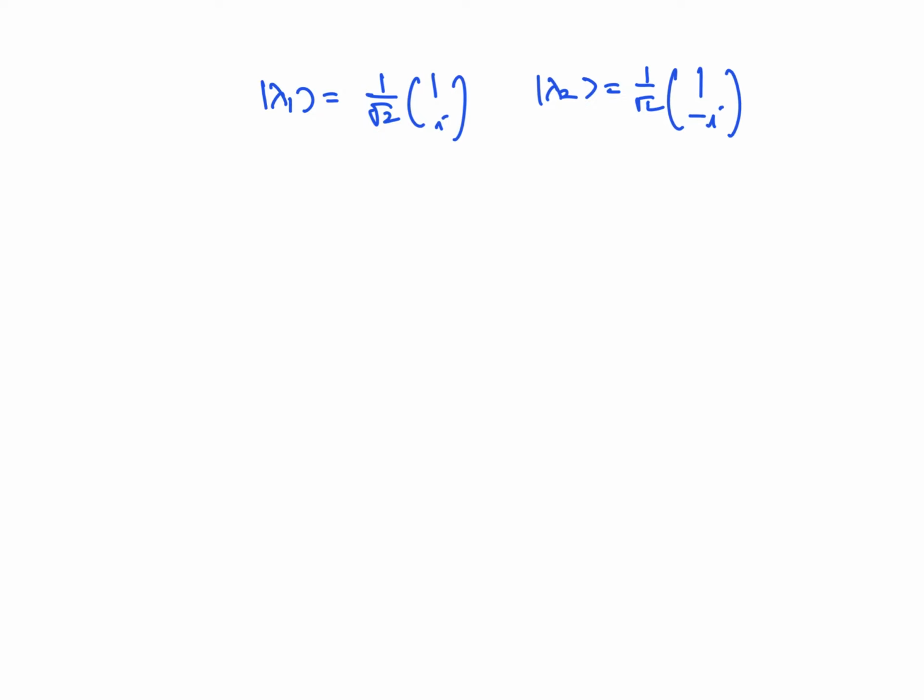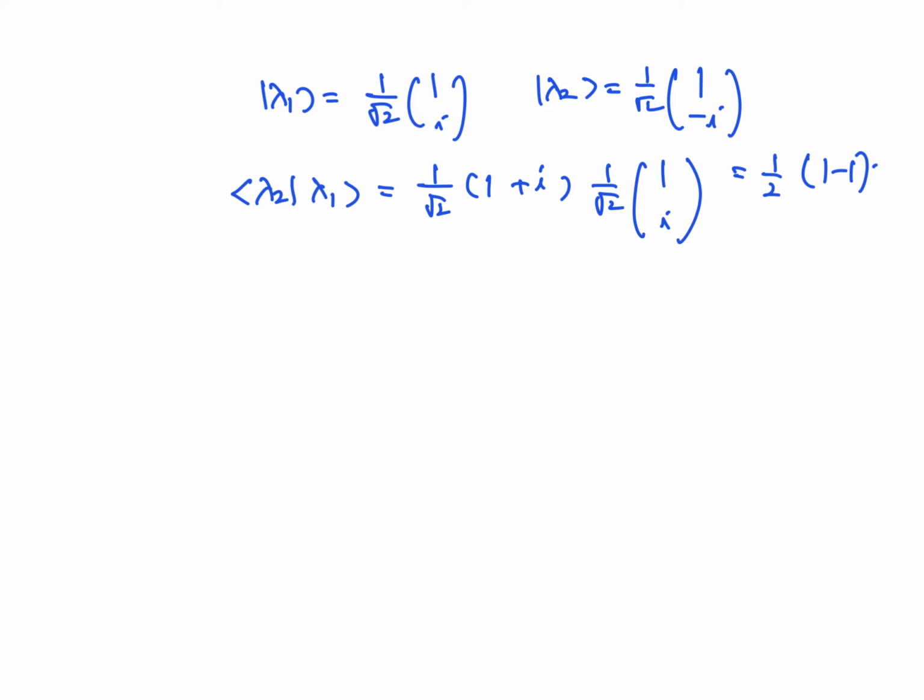Then we can check the inner product: 1 over square root of 2, 1 minus plus i, times 1 i, right? So this is obviously 1 over 2, 1 minus 1 is equal to 0. The same as lambda 1, lambda 2. So in the previous case as well, you can check.